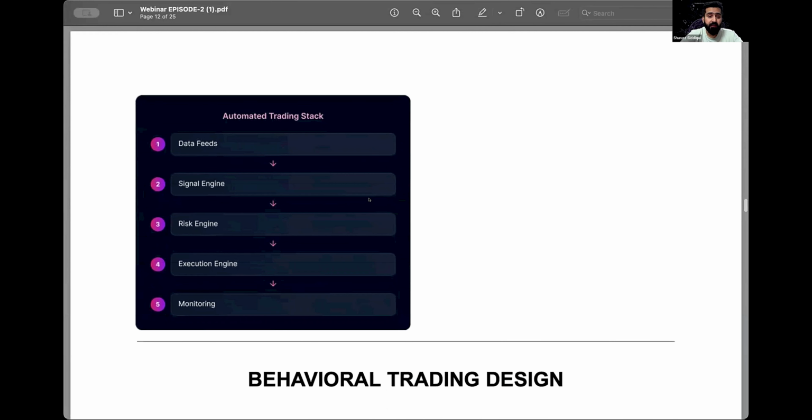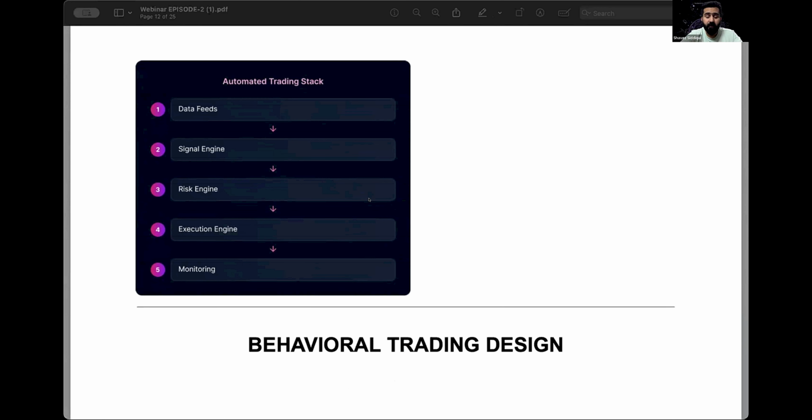If we understand the infrastructure behind these algos, how they actually work, it is the automated trading stack on which these algos work. So let's understand what happens behind the curtain, how these algos work, and how the infrastructure layers within the algos work. First, market data is streamed and the data feeding happens.